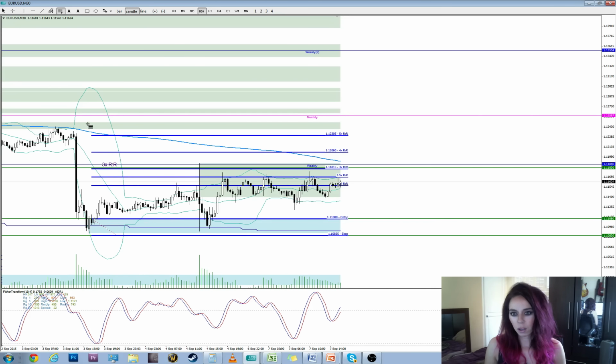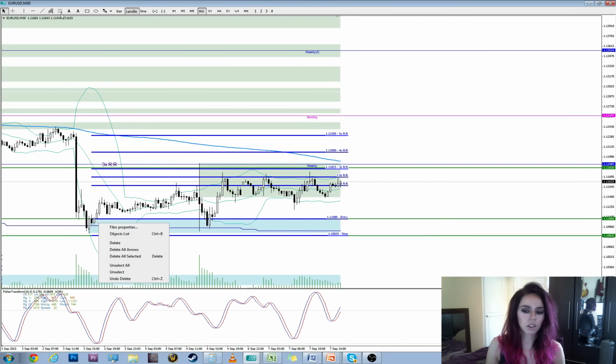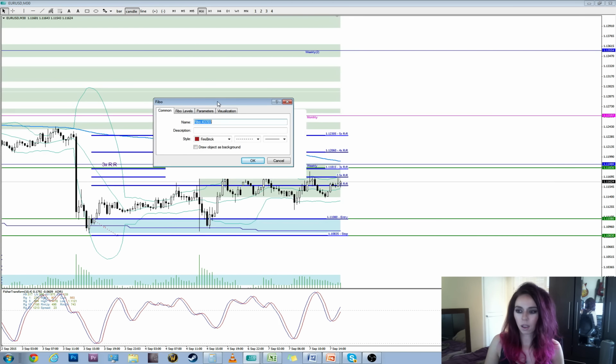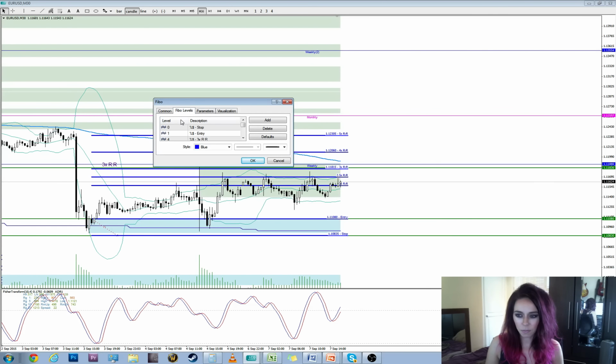If you want to make use of this, it's really quite easy to do. You take your normal Fibonacci tool on the MT4. Go into your Fib properties by right-clicking on your Fibonacci, then go into Fibo levels and delete all the levels that are there.